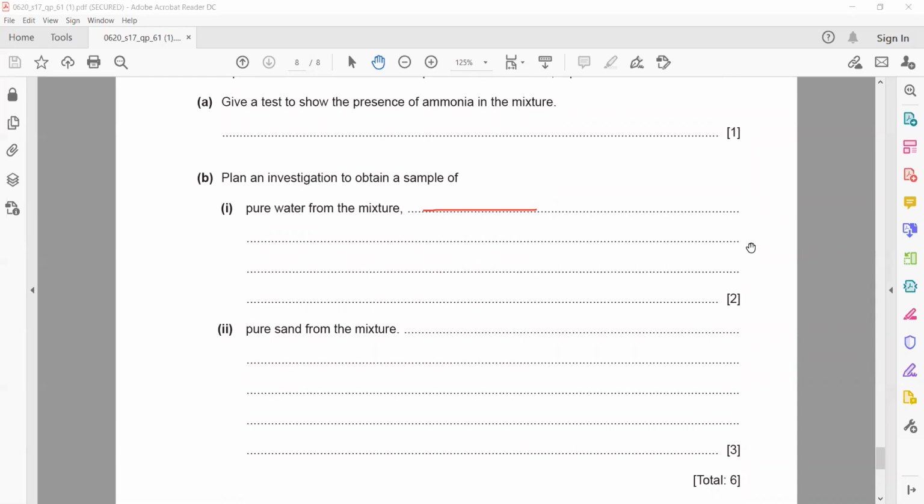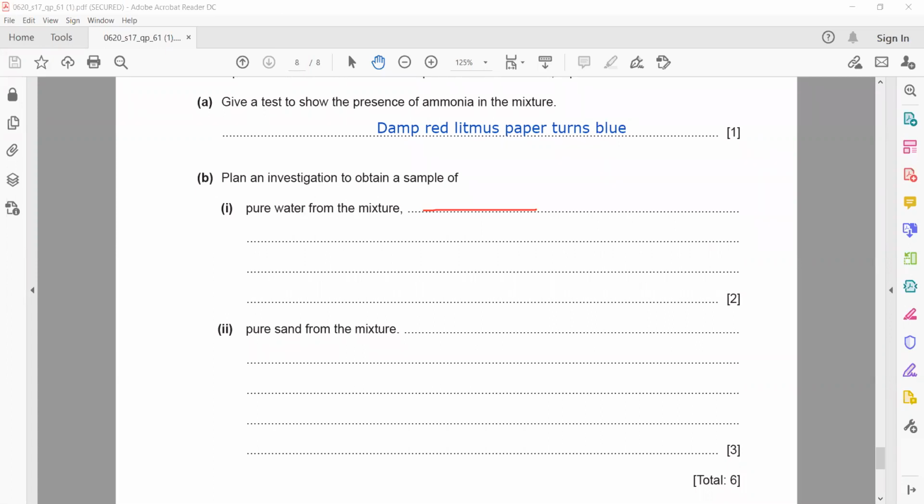Plan an investigation to obtain a sample of pure water from the mixture. If we want to obtain pure water from the mixture, we will heat. Basically, we'll use fractional distillation or simple distillation. So we'll use distillation.